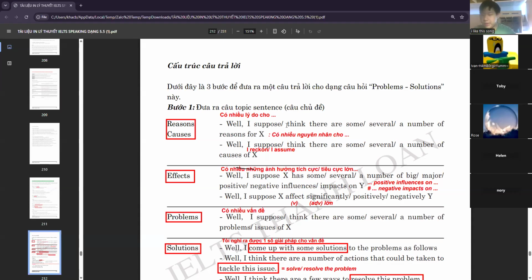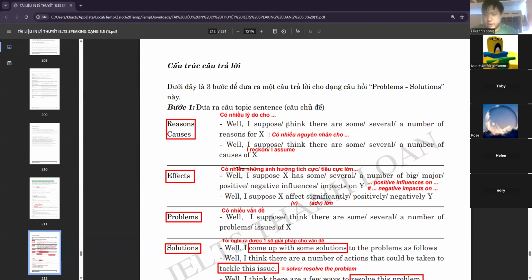Now, for effects, you need to describe that there are some, several, or a number of, and then you say big or major, which means huge, basically, and then you say positive or negative influences or impacts.